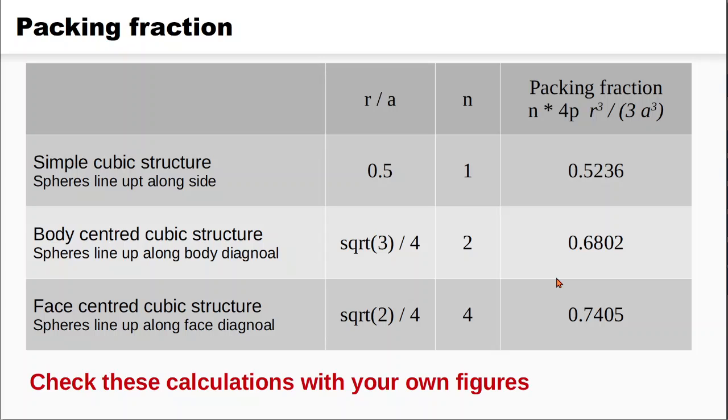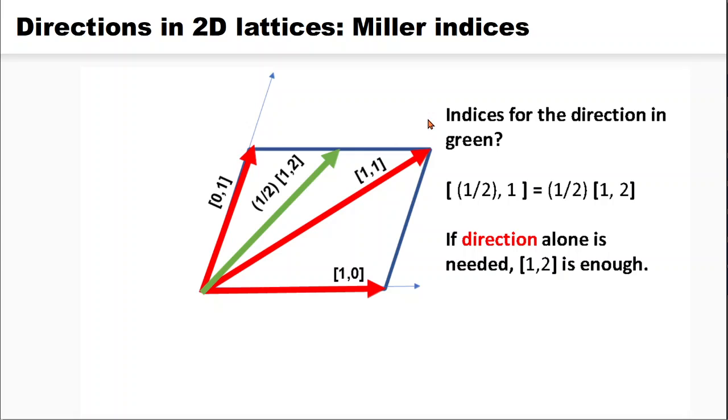So let us now turn to planes and directions. As we saw in the case of 2D lattices, the Miller indices are given in terms of the basis vectors. For example, the 1,0 is a direction which is along the a vector, and the 0,1 is along the b vector in the crystal lattice.